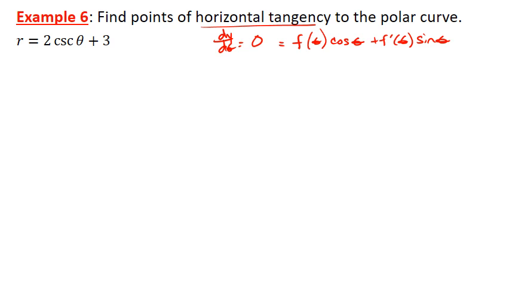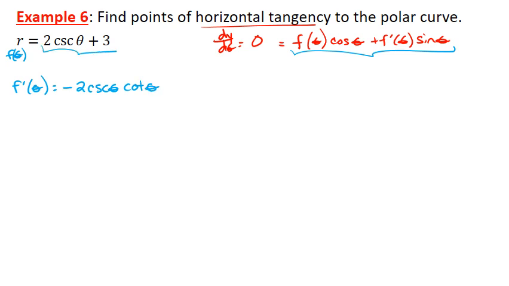In order to plug things in here, I need to find f prime. Remember that r is the same thing as f of theta. So if the given is f of theta, then f prime of theta is negative 2 cosecant theta cotangent theta, by finding the derivative of this given.